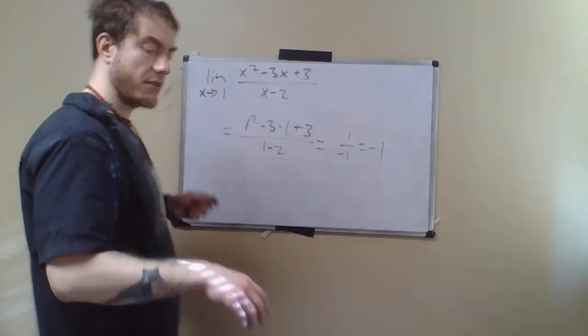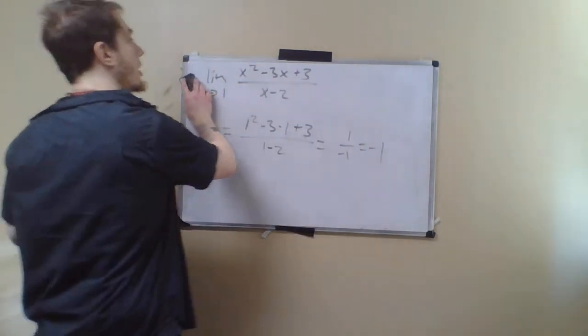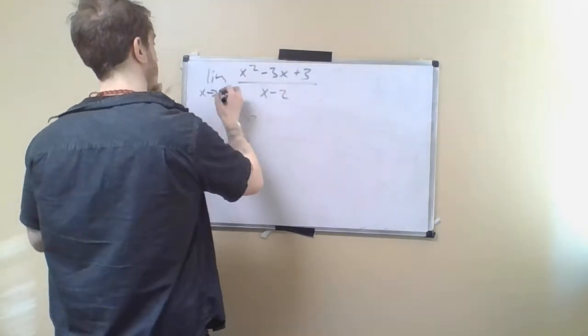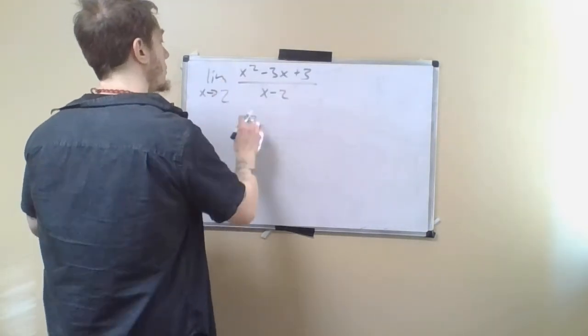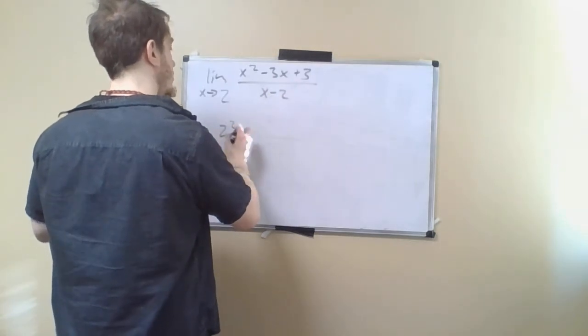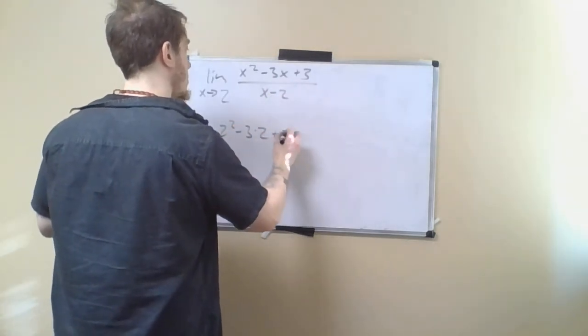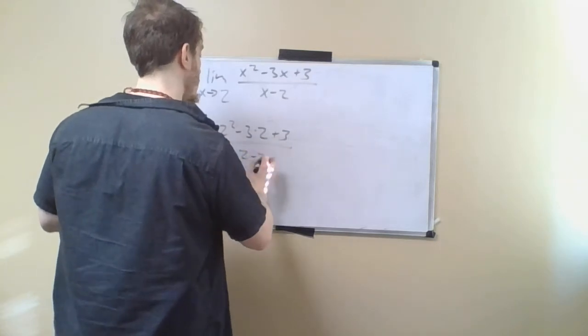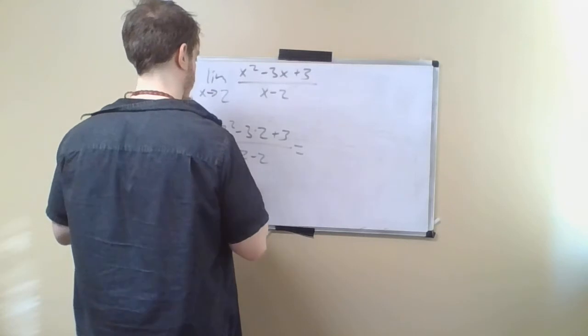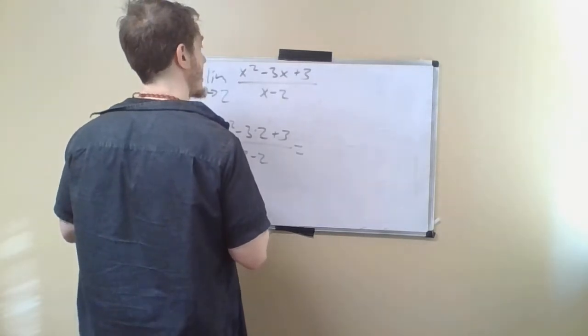What if, instead of doing the limit as x approaches 1, we changed this around and did x approaches 2? Well, this time I cannot just do evaluation, because I would have 2 squared minus 3 times 2 plus 3 over 2 minus 2. And this would become... did I write this down incorrectly?